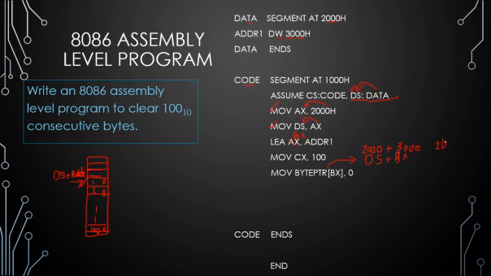Shifting one place to the left, it becomes 20,000, and then it will be added with 3000. So finally we'll point to a location given by 2 3 0 0 0. So this is the location we are pointing into. Okay, that is the location.